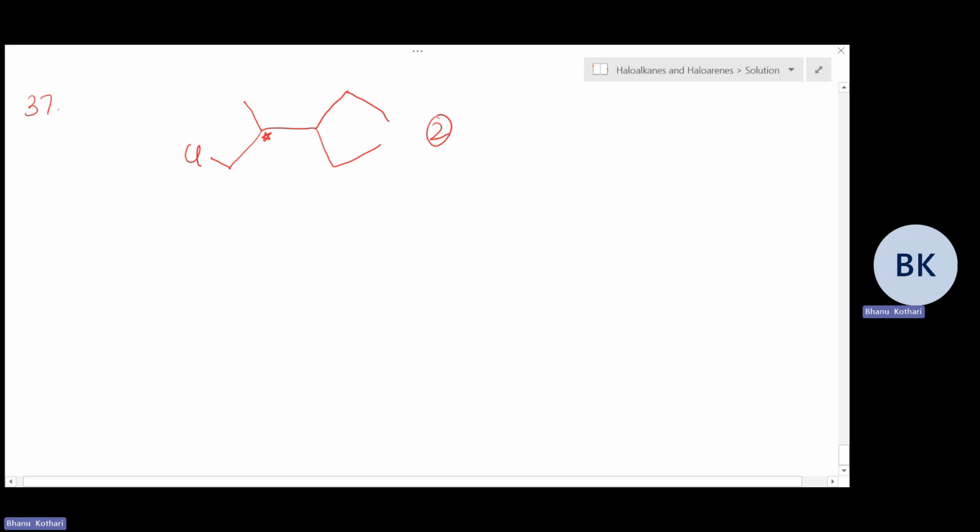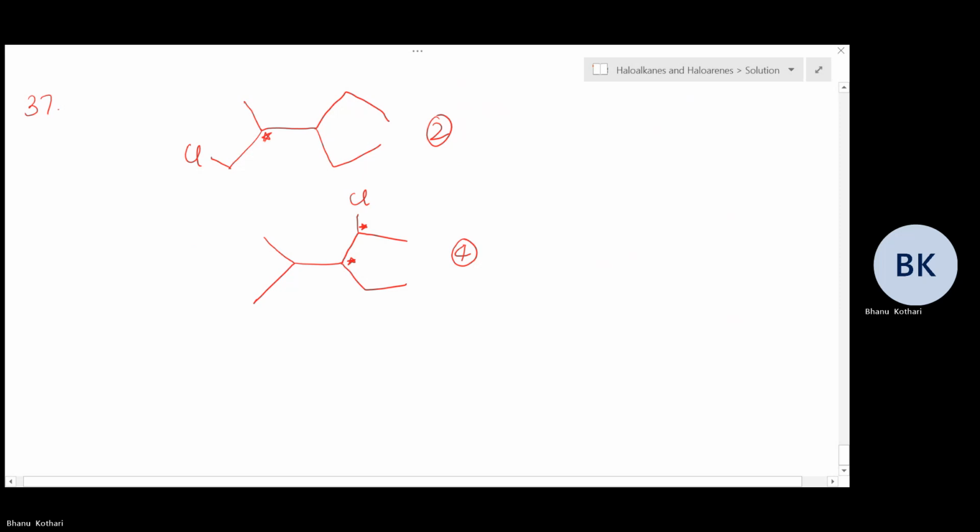When this carbon is chlorinated, let me draw that compound. There are 2 chiral centers generated, so there are 4 possible isomers.